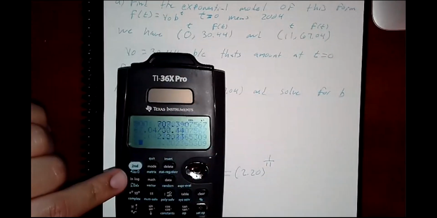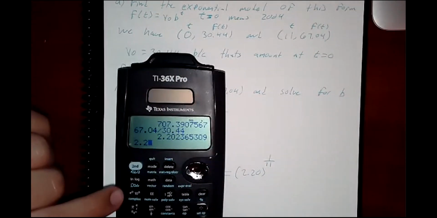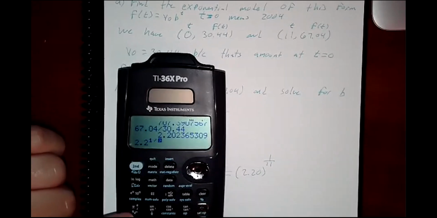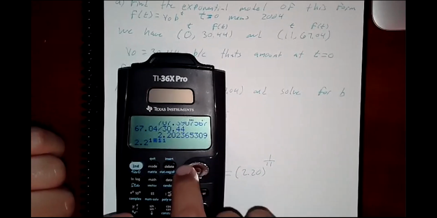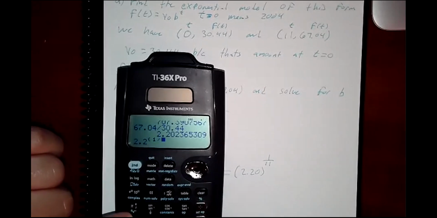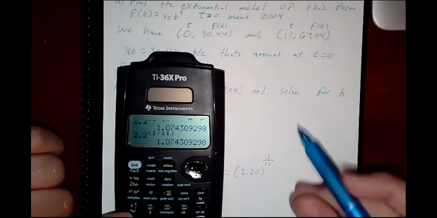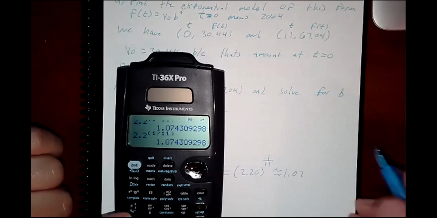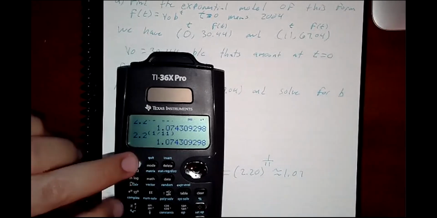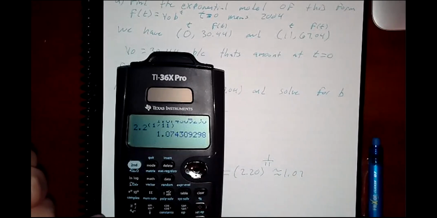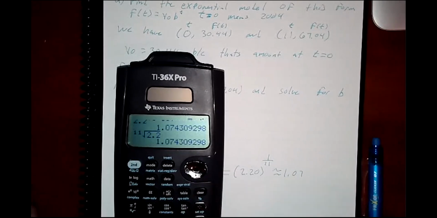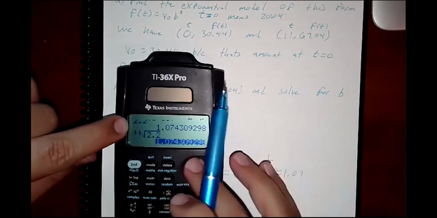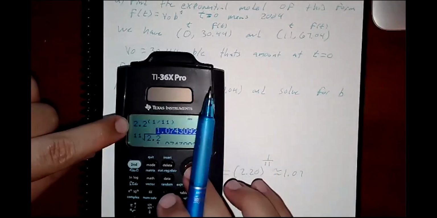So I could say 2.2 to the 1 over 11, and put parentheses because that looks really weird. It's approximately 1.07. If I use the 11th root of 2.2, it should be the same. See that? Right.